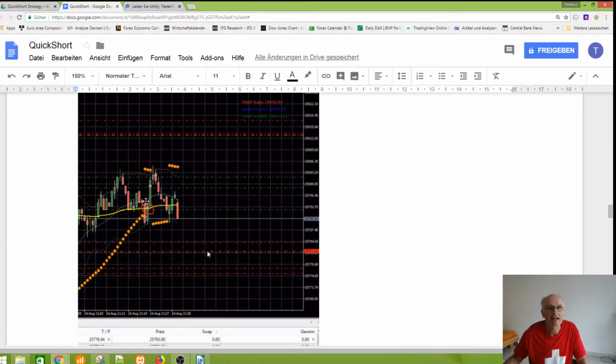Because I entered here, I had to scale. I entered here and here again, and afterwards I entered 2 so that I had a scaled entry.